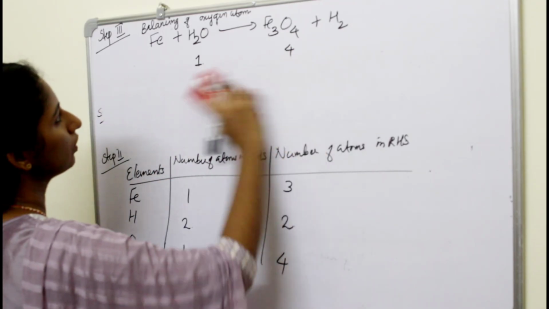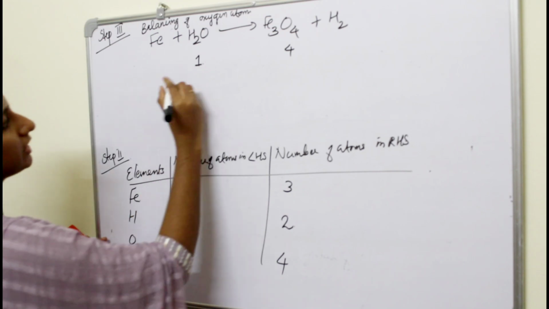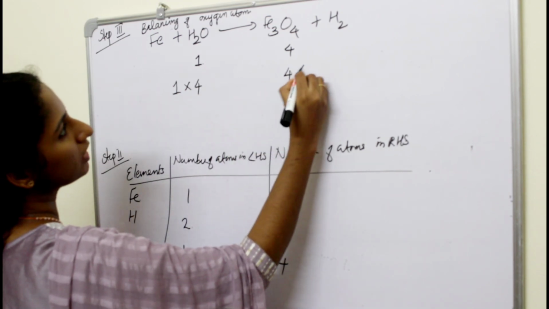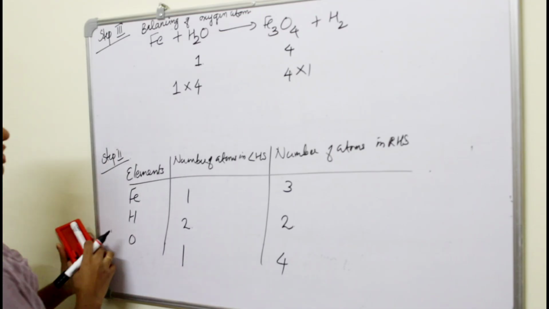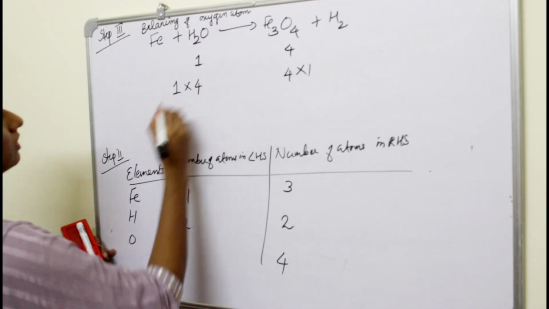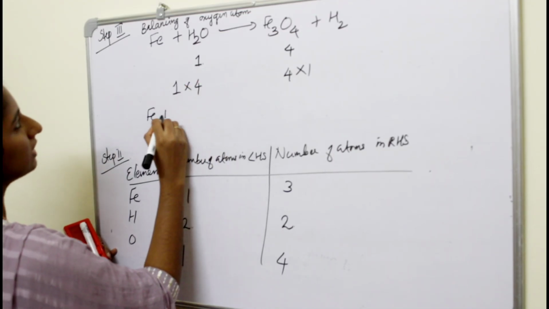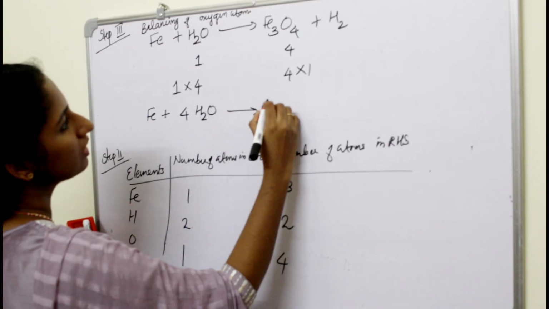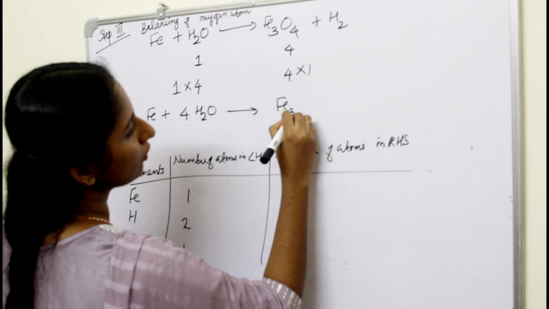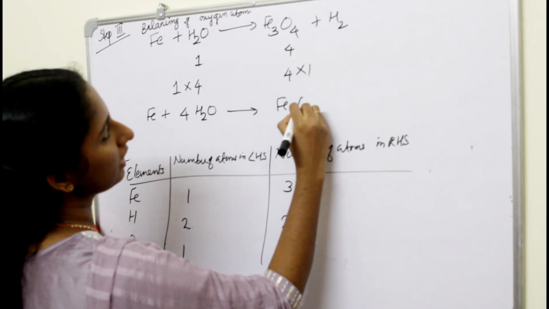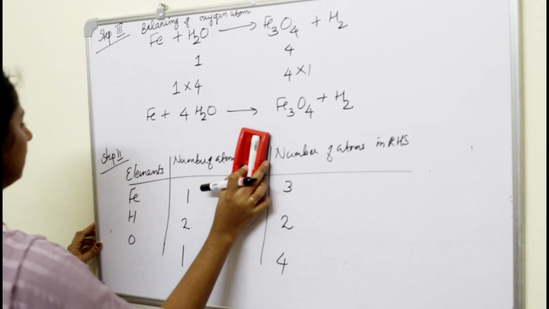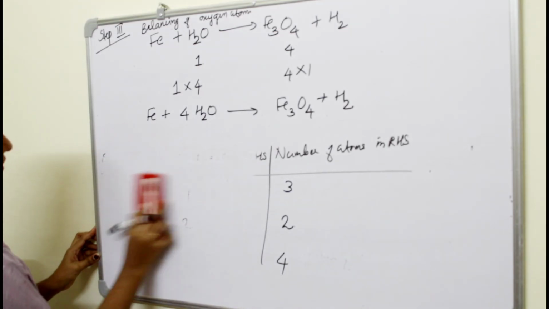So we want to multiply 1 with 4. Here 4 into 1. So how can we write? Iron plus 4 H2O gives Fe3O4, 1 we don't want to write, plus H2. So that is the balancing of oxygen.